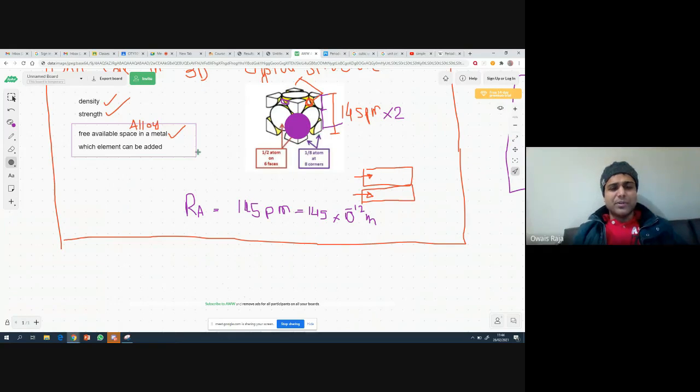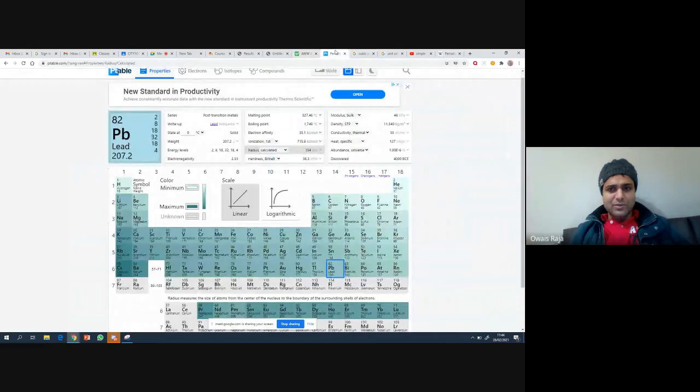So this is important. It's also giving us the density. It tells you which element should have more density. Generally speaking, FCC and HCP have the highest density compared to the others.